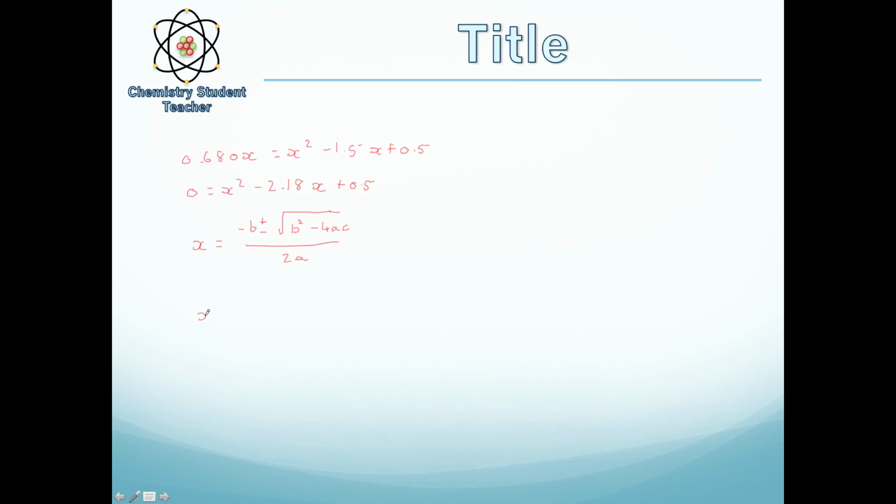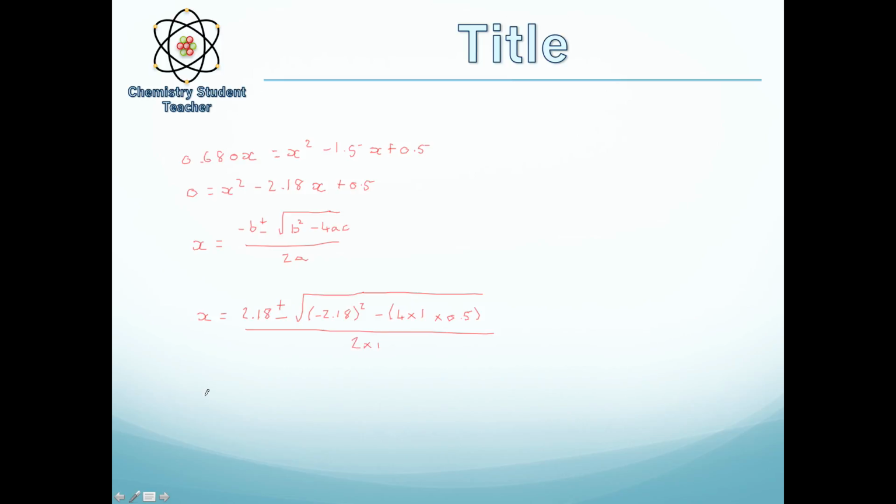So we can put that in. So x equals minus b, so minus 2.18, so it's 2.18, plus or minus, so we'll have two different things here, of b squared, so minus 2.18 squared, minus 4 times by 1, a is 1, times by c, which is 0.5, all over 2a, which a is 1, so it's all over 2 times 1.